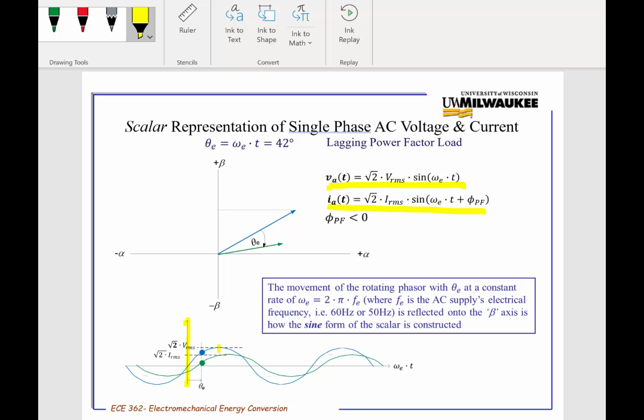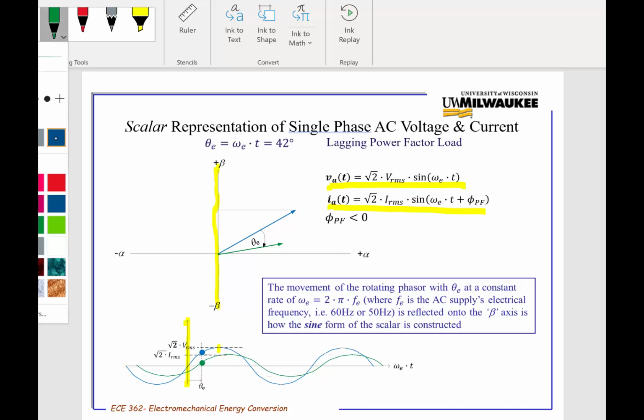So when it comes to this phasor representation of things, we're going to use the beta axis. And these 2 points that I'm showing here, the voltage point is now reflected on the beta.